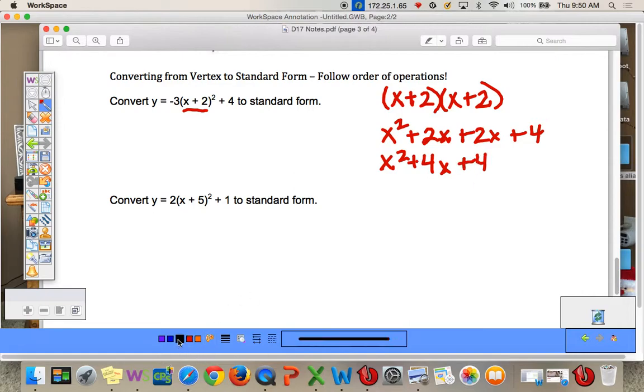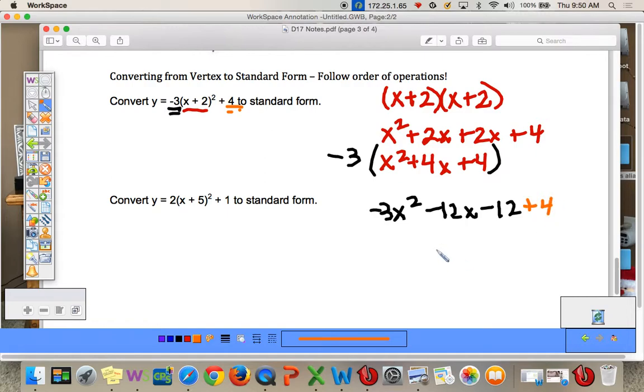There's the first step. In order of operations, we have multiply and add next. You have to multiply if you're using correct order of operations. So this is next. We have -3x squared minus 12x minus 12. And then the last step, you would add the 4. So our final answer is -3x squared minus 12x minus 8.